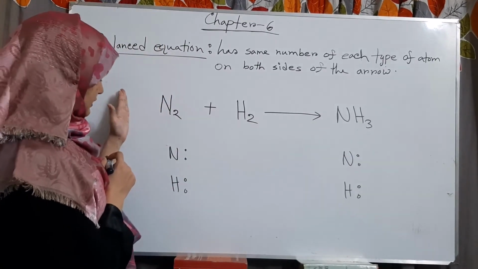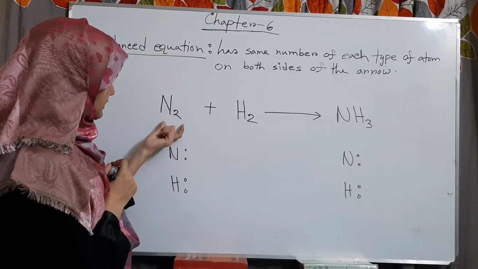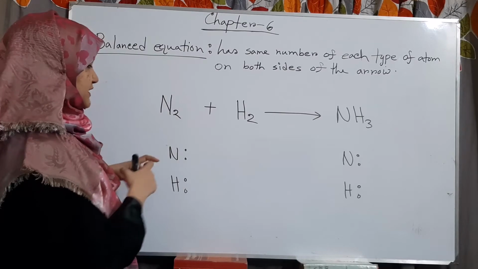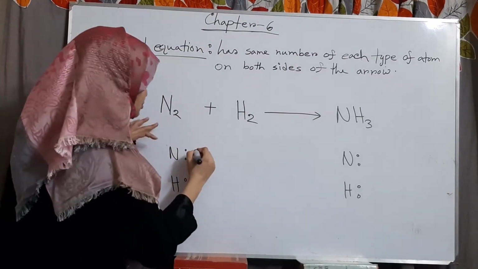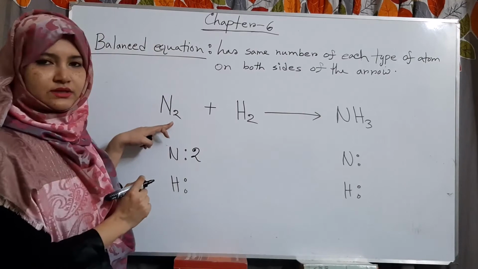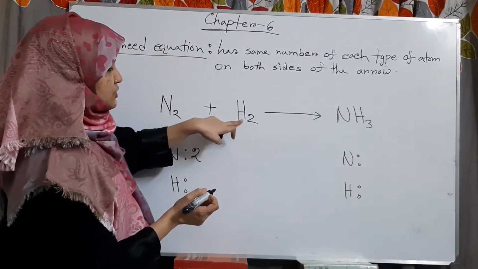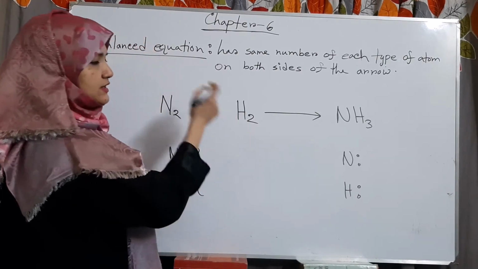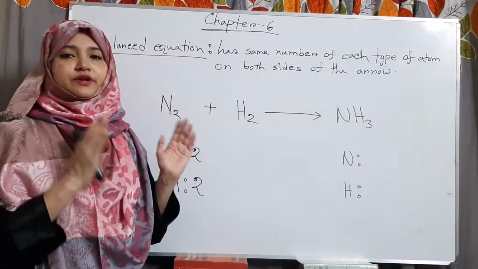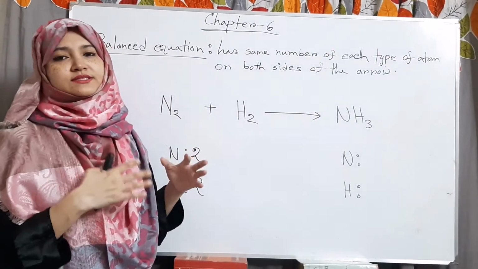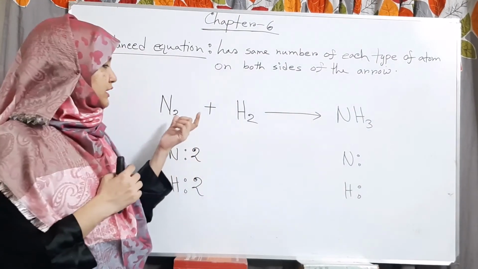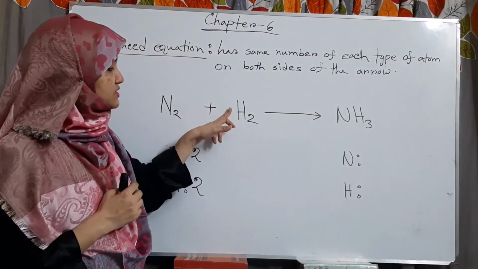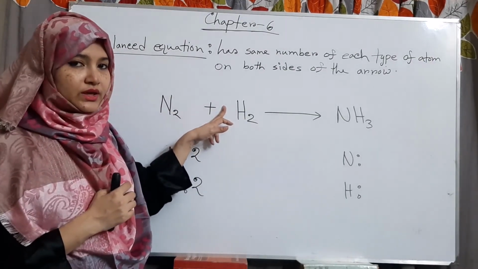On the left side, nitrogen gas, N2, is present, that means 2 nitrogen atoms, and H2, 2 hydrogen atoms. A very important rule for balancing a chemical equation is that we can only change the coefficients, the numbers in front of the molecules.